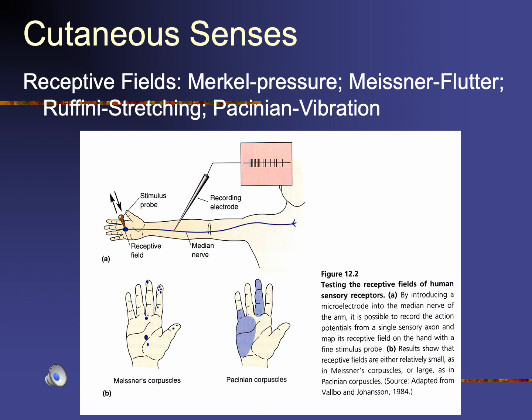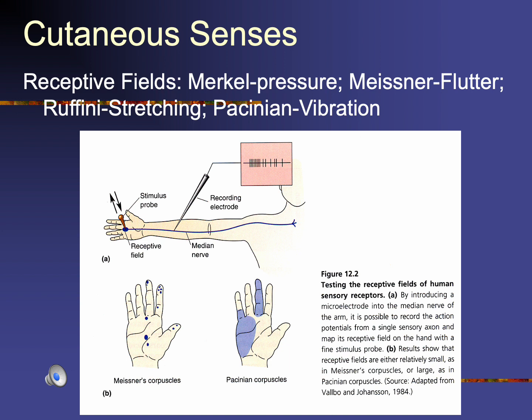And generally when you have small receptive fields in adaptive sensory systems, the system is designed to detect location. The Pacinian corpuscles measure something different. It's not so important that you measure location of the stimulus as you measure the duration of the stimulus and its intensity. And so they don't have to have such small receptive fields.